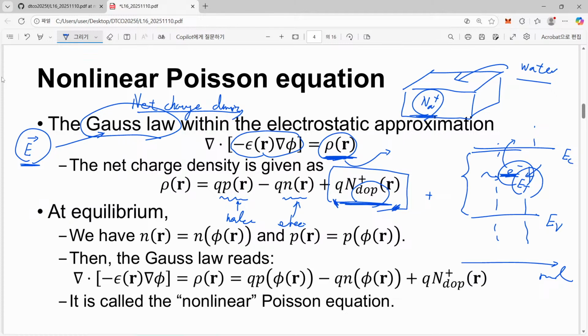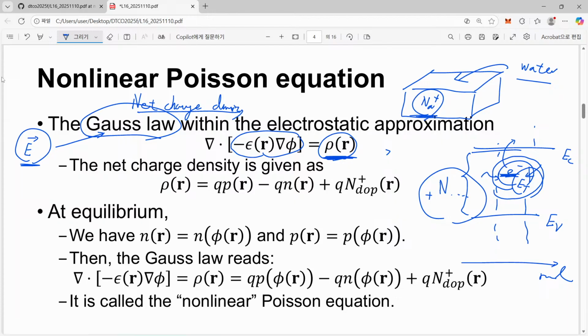So if we have such a state and trapped electron, then of course we have to consider the contribution from this physical mechanism. So there are many other possibilities to have a net charge density. However, we will just consider these simple cases: two mobile carriers, electrons and holes, and fixed dopant density.